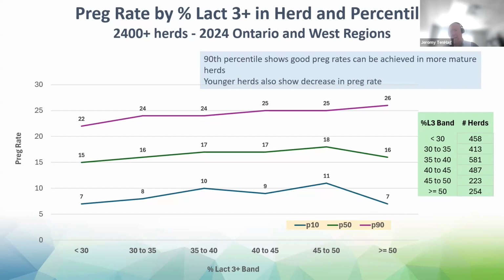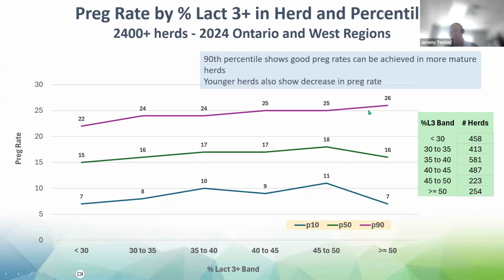And then the purple line, again, are the top 10% of herds in each of these 6 categories. There is a drop off for these herds that are the youngest, which are on the left. There for sure is a drop off in the herds that are greater than 50% lactation 3 plus, which are the right-hand side herds on this graph.